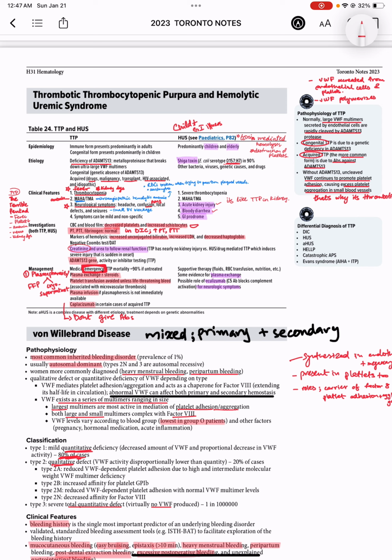What happens is the von Willebrand factor is secreted from endothelial cells and platelets, and it basically polymerizes. It is present in monomers, in dimers, and in polymers, like multimers, right?